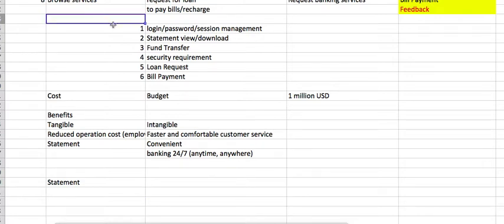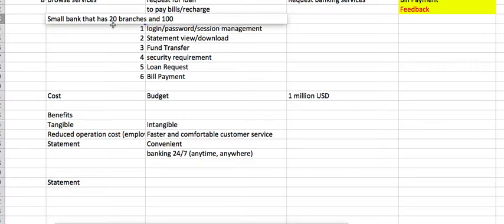Hypothetically, this is a small bank that has 20 branches only, and 50, maybe 100,000 customers. That's a lot actually.